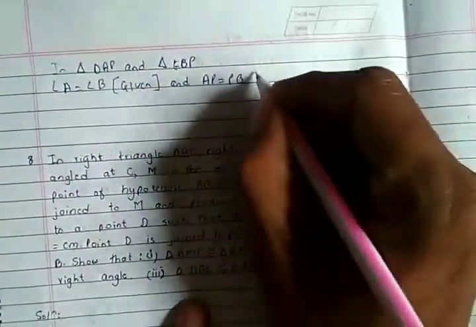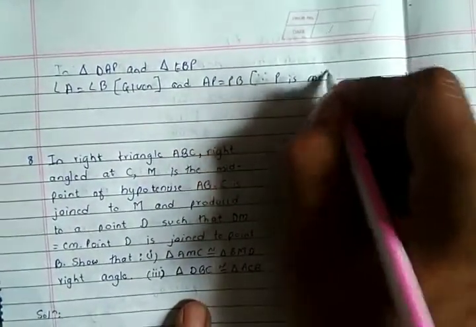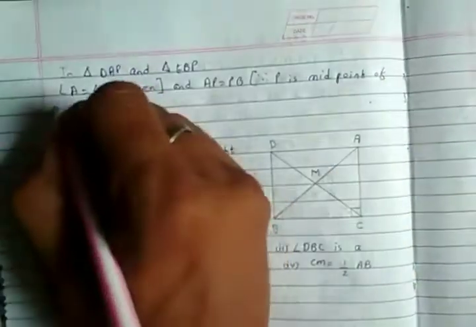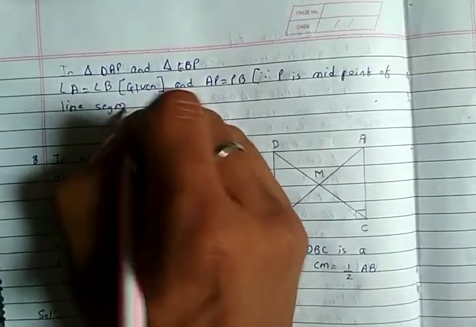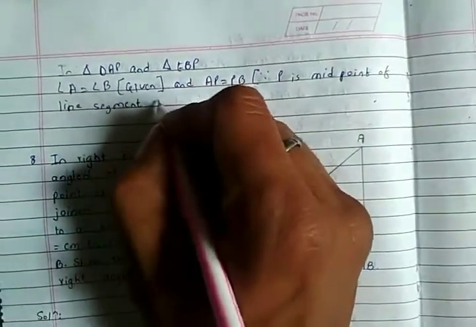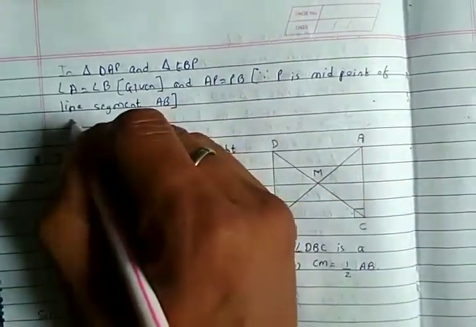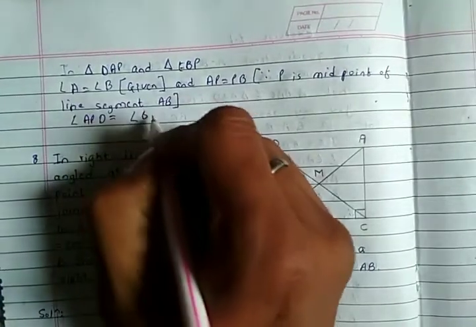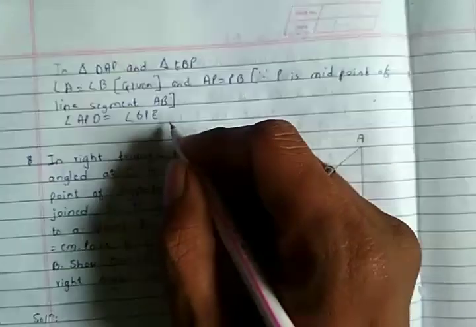We'll write down the reason, because P is the midpoint of line segment AB. Angle APD equal to angle BPE, right? We have proved this earlier.